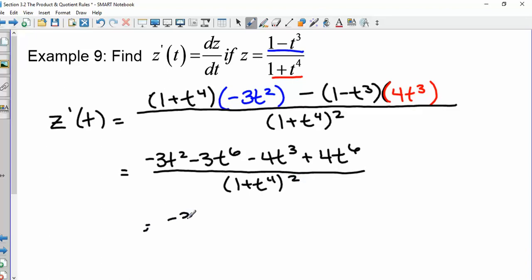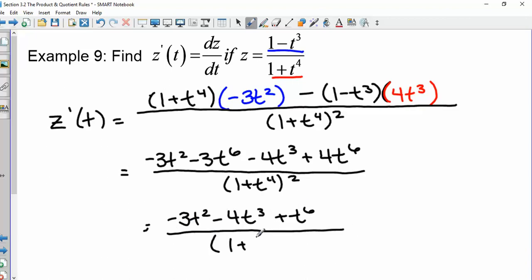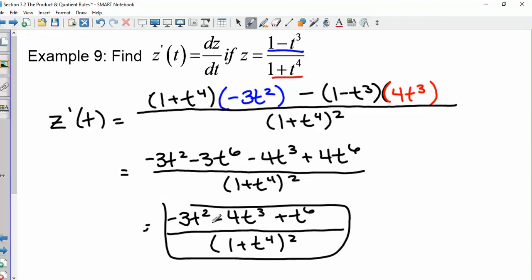So combining like terms, negative 3t to the 6th plus 4t to the 6th is just 1t to the 6th. So we should get this. You can reorder those. It doesn't matter what order you put the top terms in. Is that okay?